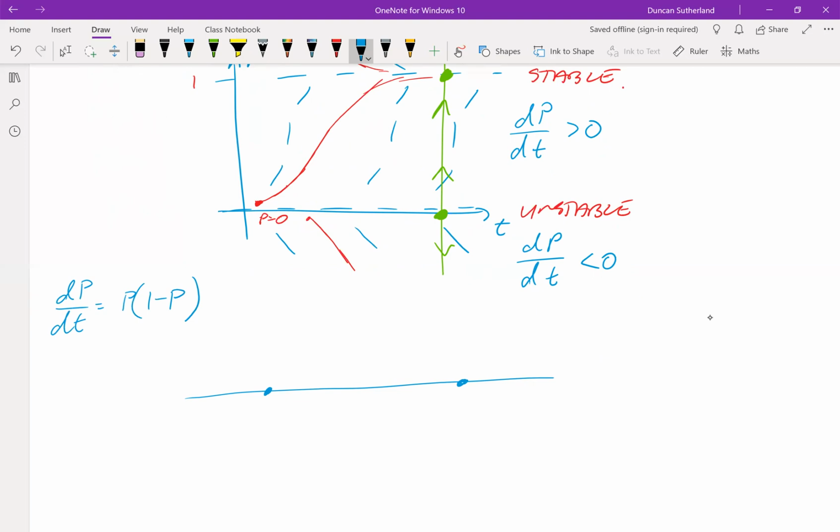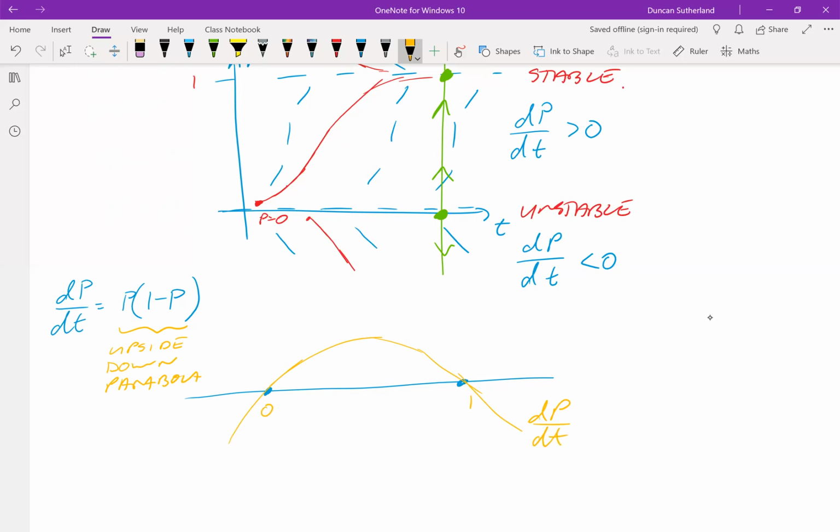This thing here is an upside down parabola. It's got roots 0 and 1, and it looks like that.